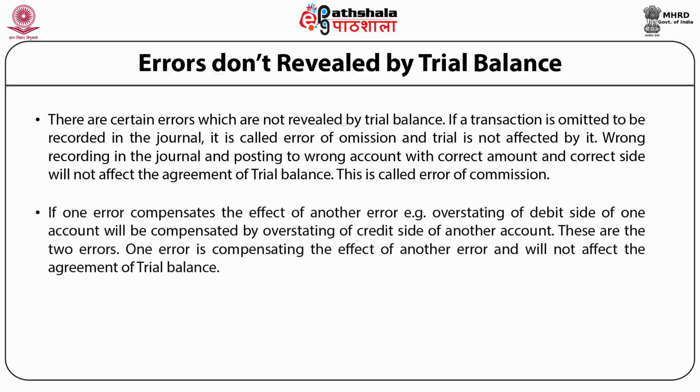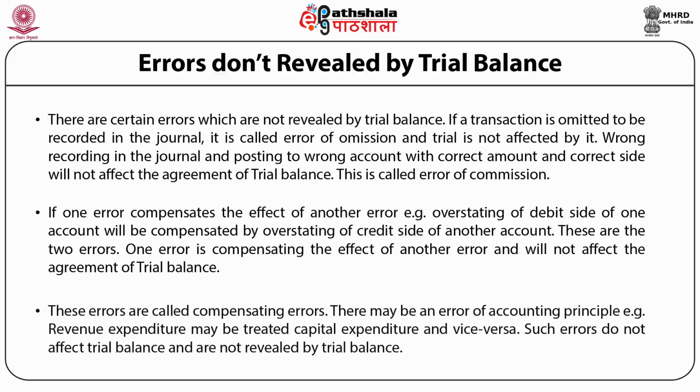If one error compensates the effect of other error, for example, overstating of debit side of one account will be compensated by overstating of credit side of another account. These are two errors. One error is compensating the effect of another error and will not affect the agreement of trial balance.